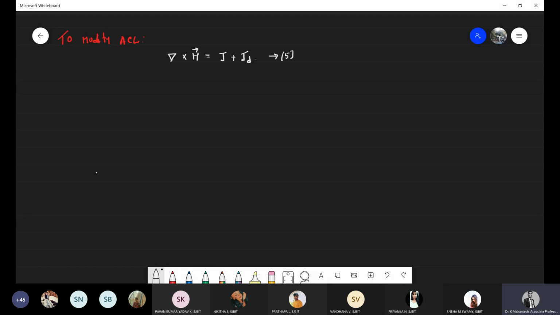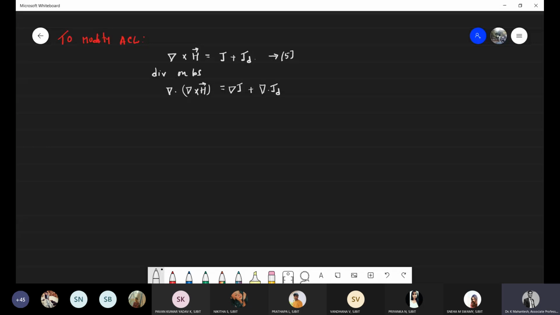Del dot of del cross H is equal to del dot J plus del dot JD.